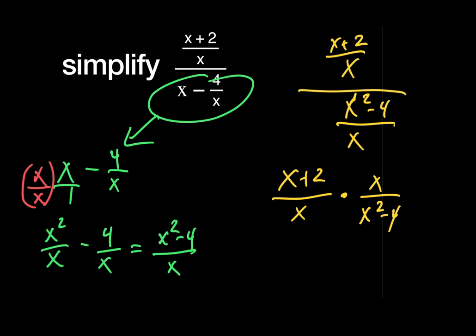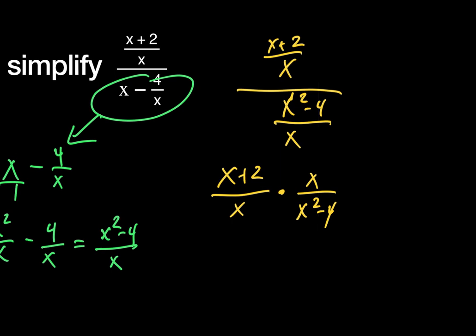So now I'm looking to see, are there things I can reduce? Well, I'm going to rewrite this. Let's write this as x plus 2 times x over x times x squared minus 4.